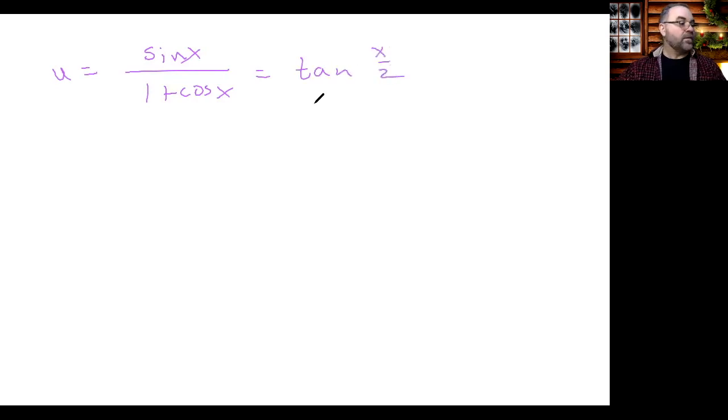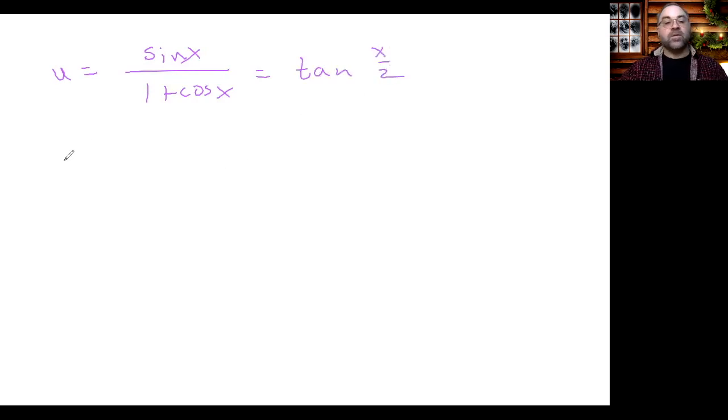I just let you know that a lot of times the substitution that we want is that u is going to be sine of x over 1 plus cosine x, which is equal to the tangent of x over 2.